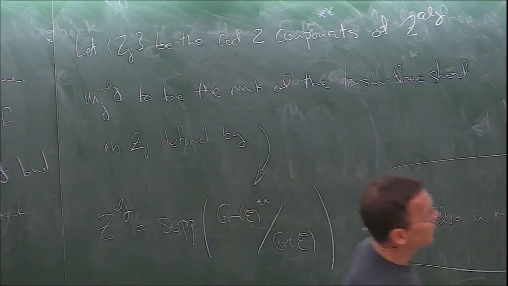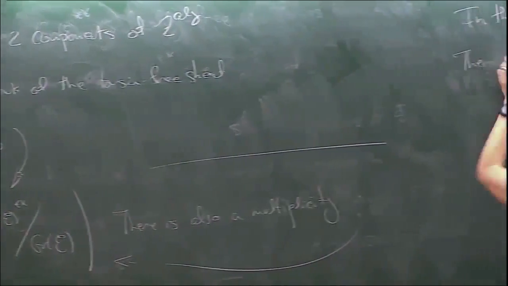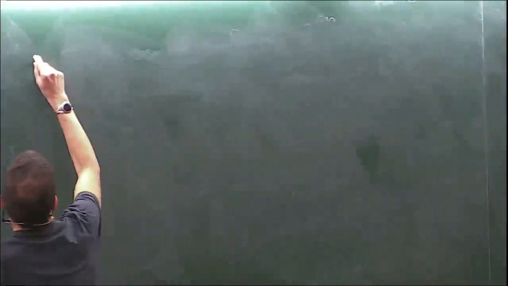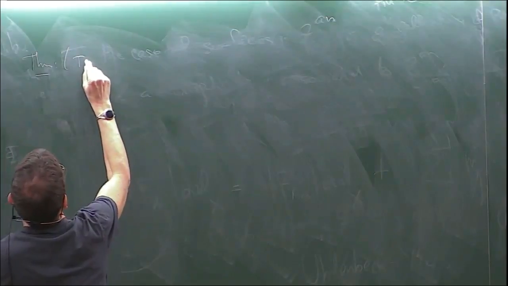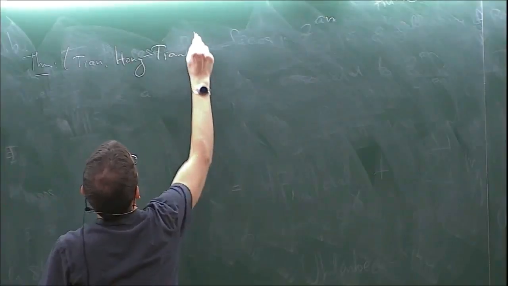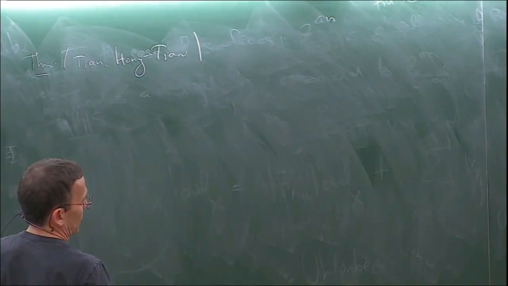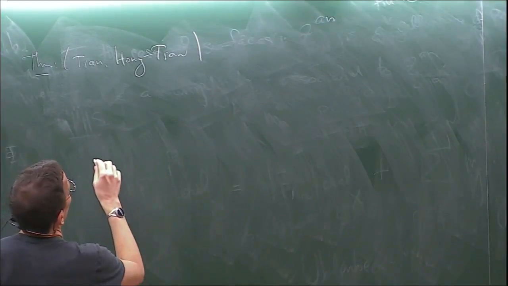Okay, and now how about the generalization of this equation here? So that was done by Tian and Hong and Tian. So maybe I can say there's a theorem of basically Tian and Hong and Tian. Let me just save time and keep referring to this statement about Uhlenbeck compactness that I had on the board over here.